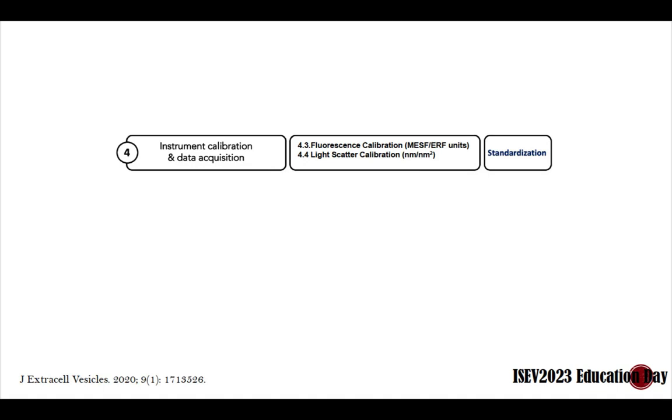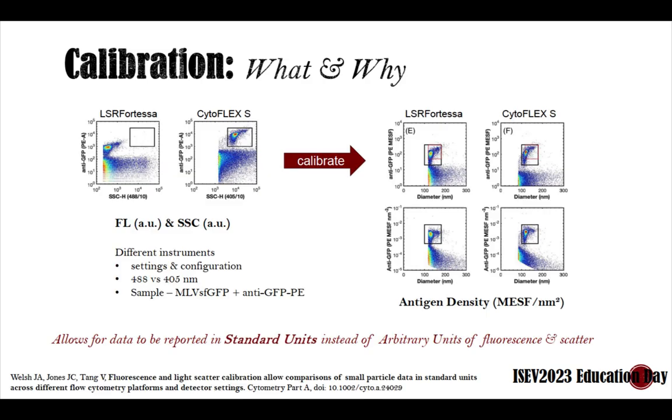We don't use standard units. Everybody is happy with MFI, right? Median or mean fluorescence intensity, whatever your favorite M is. But I hope to convince you that it is actually important for us to be able to understand and deconvolute the data for EVs, and having standard units is an important part of that.